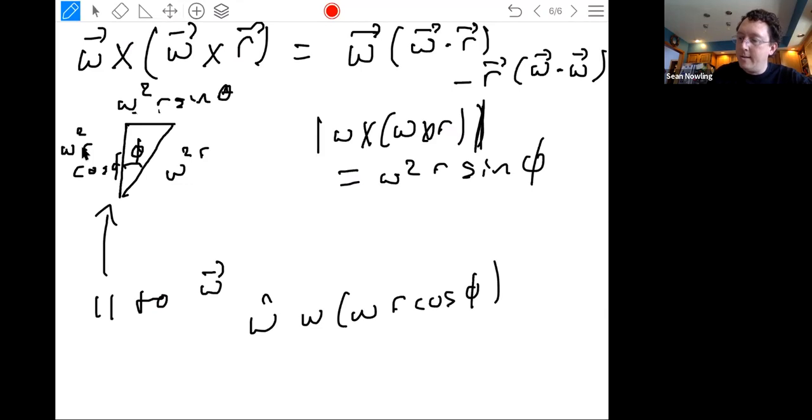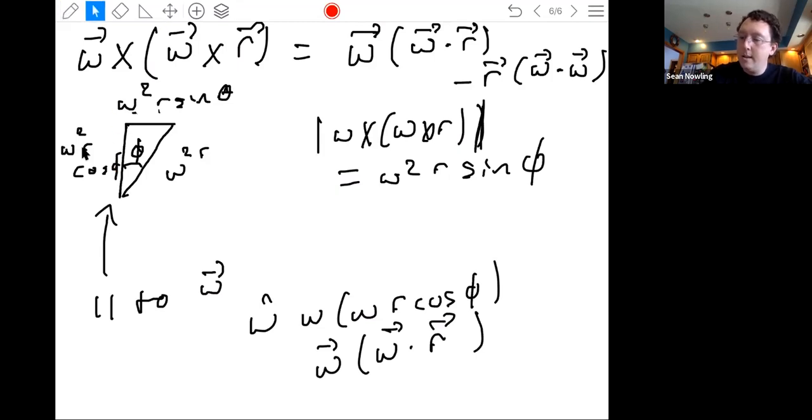And that is nothing other than omega vector times omega dot r. Okay, so that's this portion right here that gives you this side.